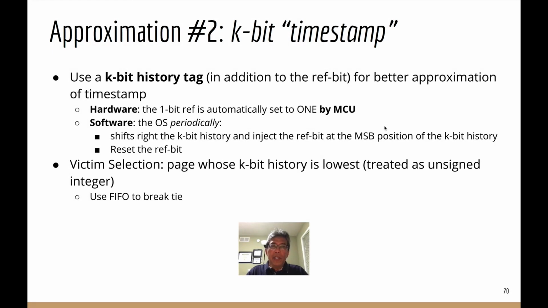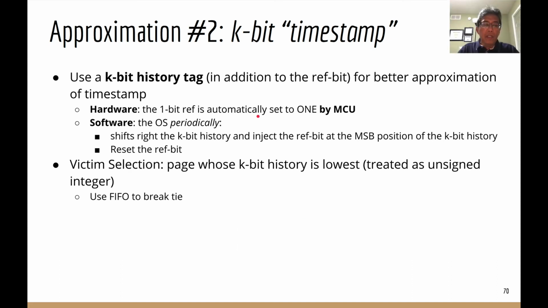Using a 1-bit reference seems to work, but the system cannot tell whether a particular page was referenced 10 milliseconds ago or 20 milliseconds ago. To solve this issue, we can add a k-bit history tag to the hardware. Again, this is always a cooperation between hardware and software.